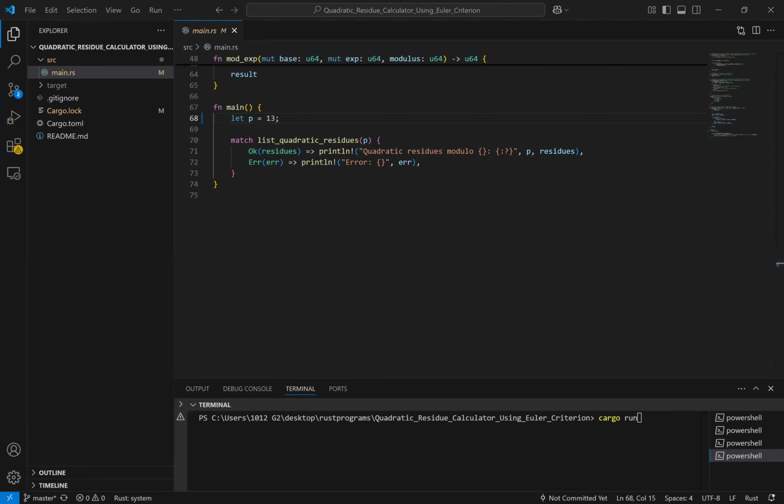I had just shared code for doing quadratic residues.